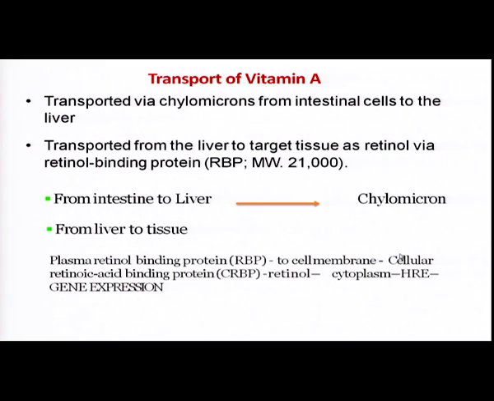If you could recollect, they are transported as tiny, micro sized particles. Chylo refers to the tiny white colored particles which are doped with lipid rich substances. In this case, it is vitamin A completely covered with lipid rich components and transported across.